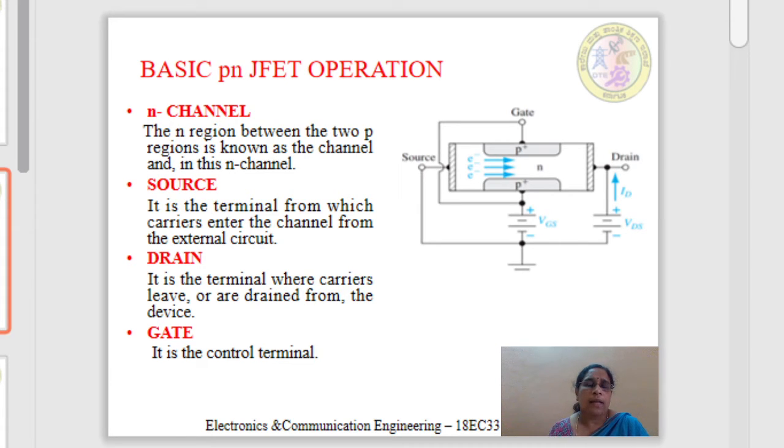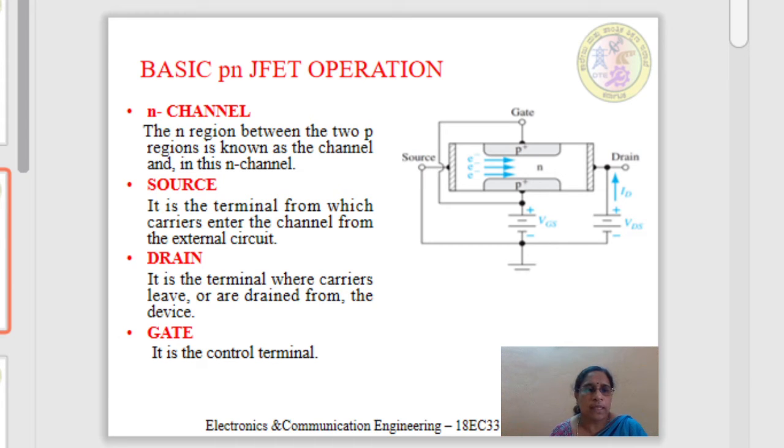The other two terminals are source and the drain. So what is this source? Source is the terminal from which the carriers enter into the channel from the external circuit. It is shown in the structure also: electrons enter the source and pass through the channel towards the drain terminal.